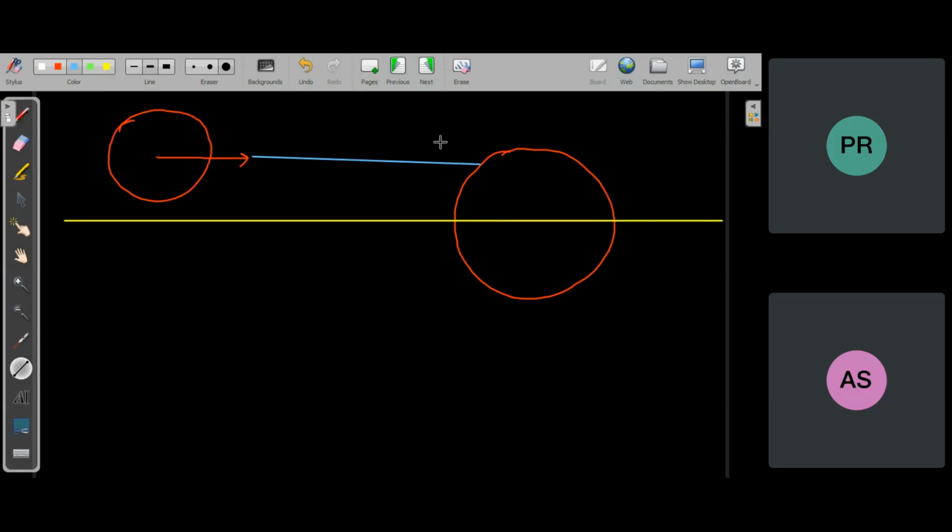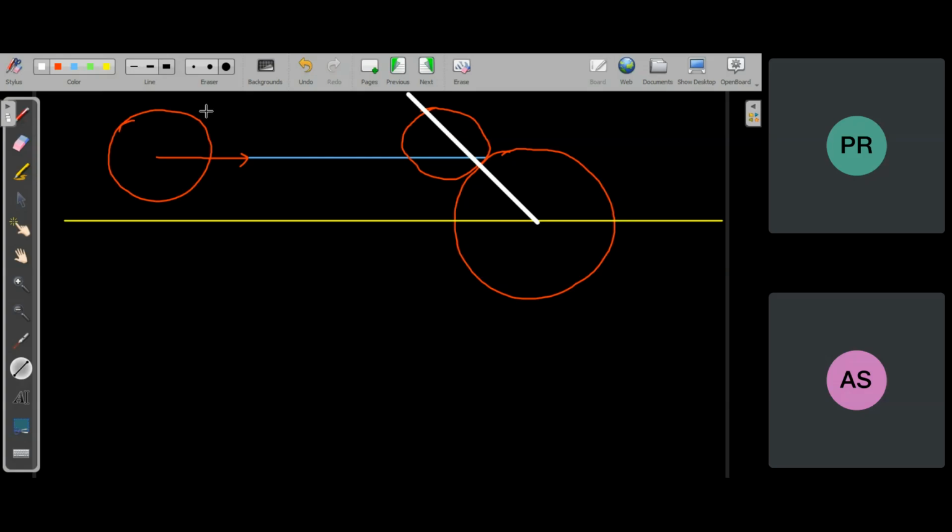It will strike here, and since it is spherical, the situation will be somewhat like this. This will be the center of the first, and here is the center of the second, and if you join them, this is the line of impact.